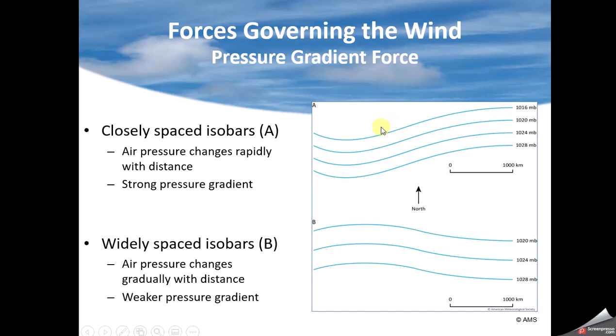The same as if you were climbing a steep cliff or a mountainside. The steeper it got, the tougher you're going to find your climb because you're going to want to go down very quickly down that steep slope. When it levels off, you don't need to go quite so hard. The same happens with air. Air is going to want to move very quickly down a steep slope, not so fast when the isobars are spread out.